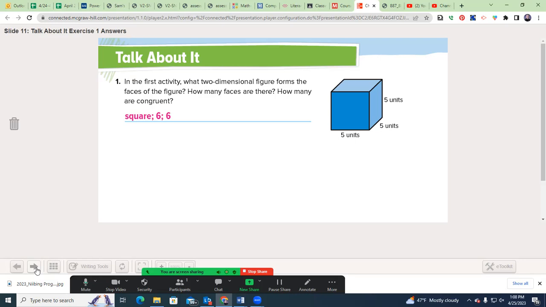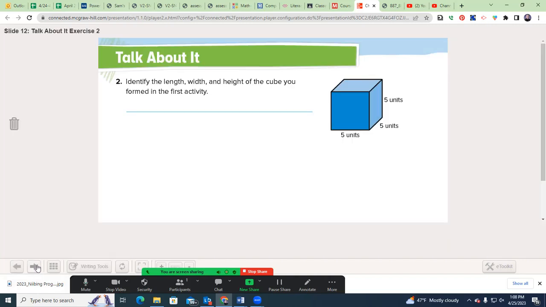In the first activity, what two-dimensional figure forms faces of the figure? Well, that was a square. And there are six of them, and they're all congruent. Let's see, 5 units, 5 units, 5 units. Identify the length, width, and height of the cube. Let's see, 5, 5, 5.